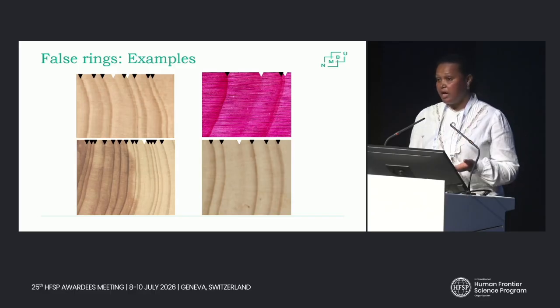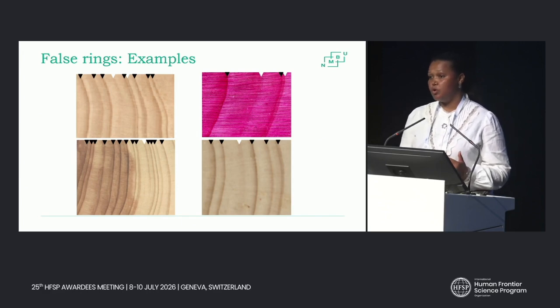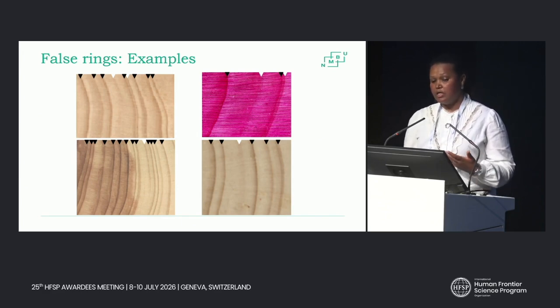In many tropical areas, these short rains used to be common, but in many areas they are either disappearing or they are unpredictable, happening more frequently. So these false rings can also be an important proxy in climate change research. Our ambition is to also be able to detect the false rings precisely.